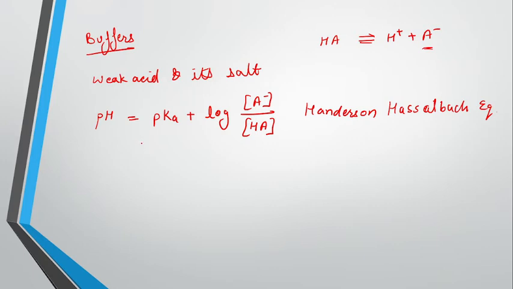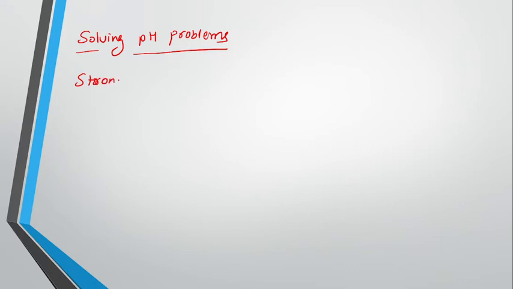Okay, now coming to solving pH problems. How do we solve pH problems? Strong acids and strong bases are completely dissociated. So whenever they say it is a strong acid, then it is completely dissociated.